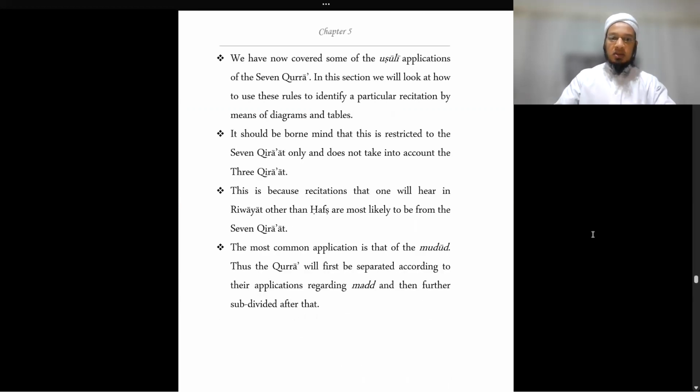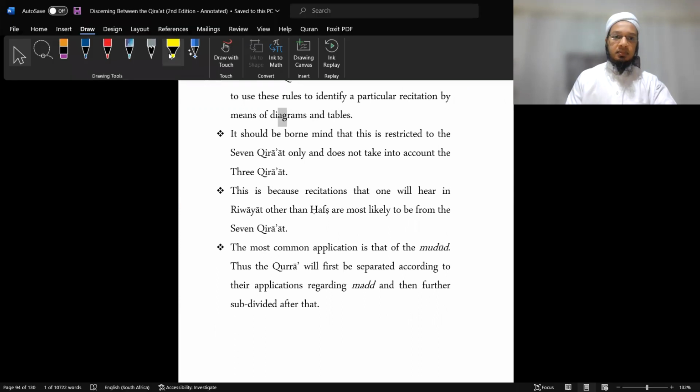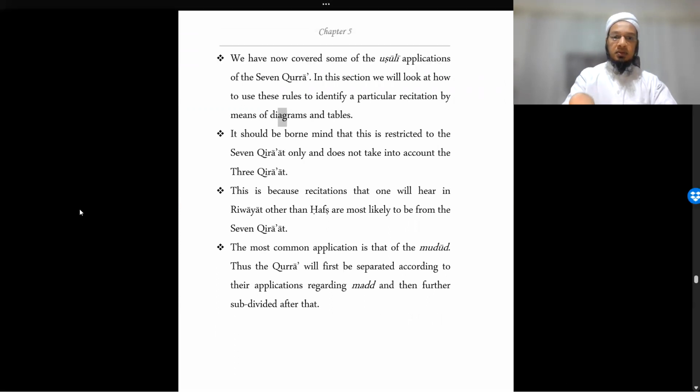So the summaries are in the form of diagrams or tables. And it should be borne in mind that this is restricted to the 7 qira'at. We haven't yet touched anything regarding the 3 qira'at.